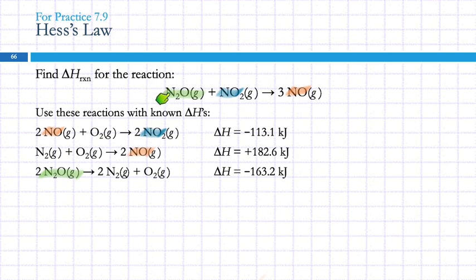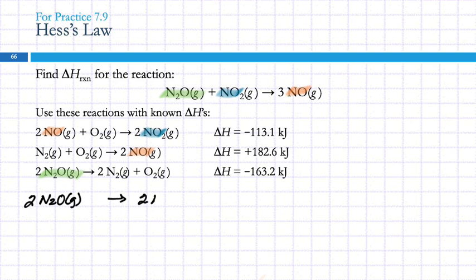Look at your first reactant. Find the chemical equation that has that in it and make sure that it is on the reactant side. So here I have the N2O on the reactant side, so I'm going to start with that one. So I'm going to write 2N2O.